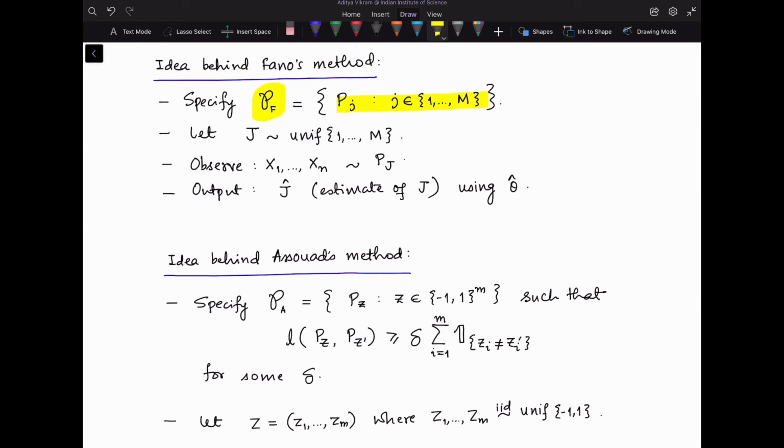Now we specify this P1 to Pm and we select one of these distributions at random, generate n samples from it, and then output J hat, which is the estimate of J, using our estimator. And if our estimator is too good, or if Rn star is too small, we will break the fundamental limit of hypothesis testing, which gives a lower bound on Rn star.